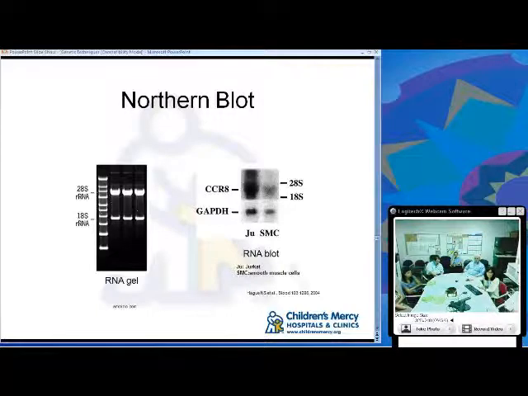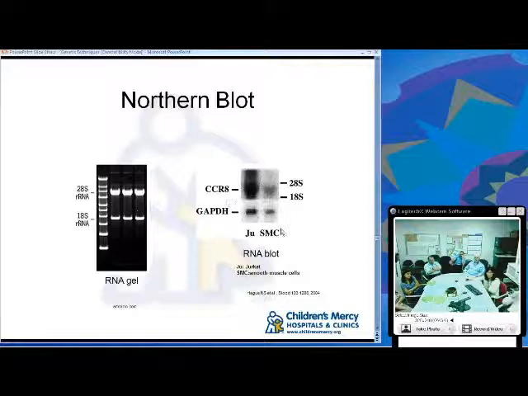Once that is blotted, if you're looking for expression of a particular gene, in this case we have Jurkat and smooth muscle cell RNA, we would probe it with a probe that picks up this chemokine receptor, CCR8. You can see there's a lot more in the Jurkat than in the smooth muscle.